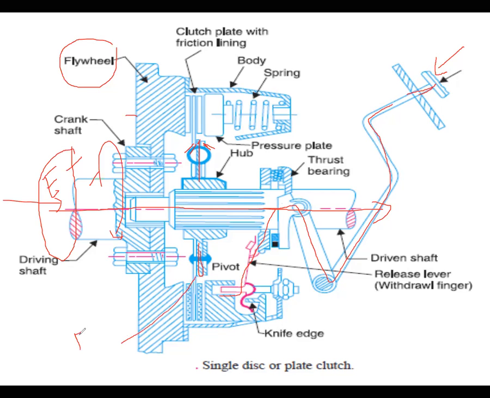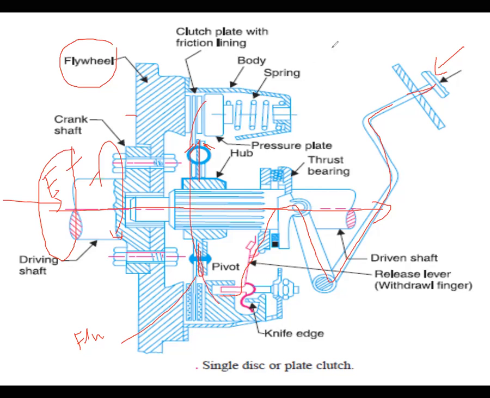I showed you this in the last class through the diagram also. So the pivot is pressing the fulcrum against the flywheel. Whenever the force is pressing, the force acts on the fulcrum plate, so the clutch plate would act like this.